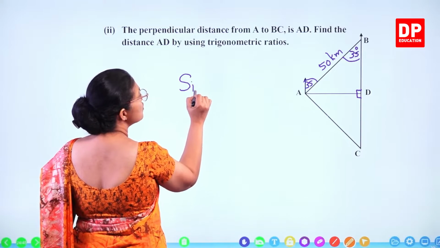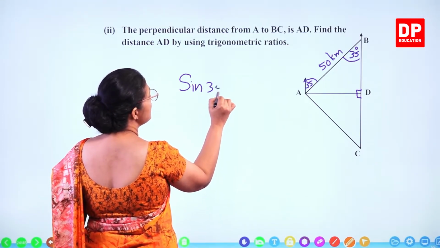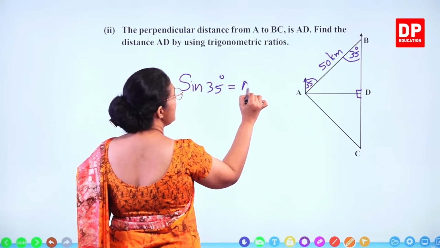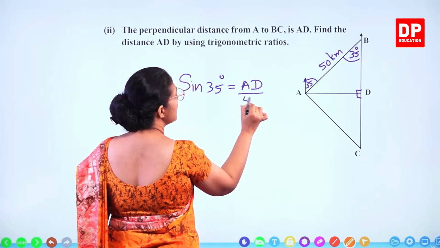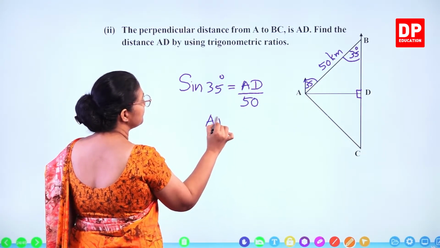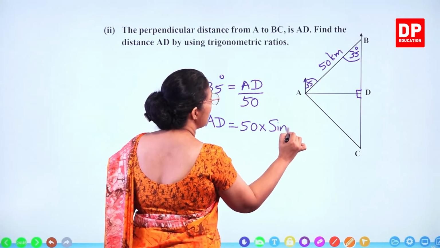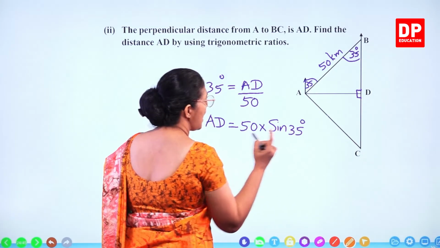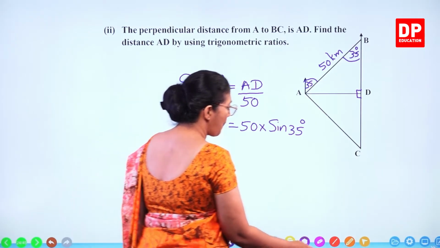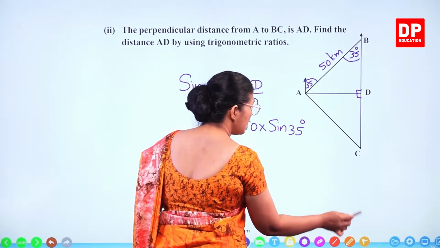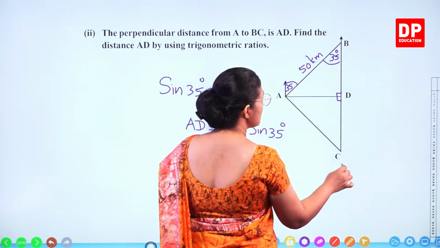So you can use sine 35 is equal to AD over 50. So what is AD? 50 times sine 35. Now you have to refer to the sine tables and get the sine value.